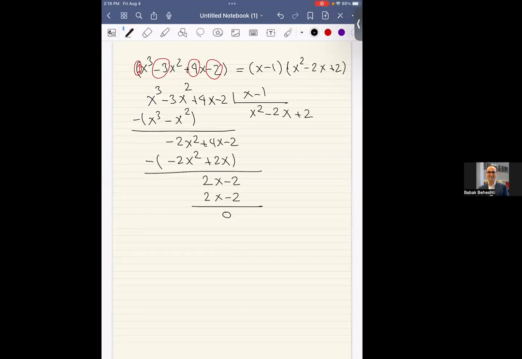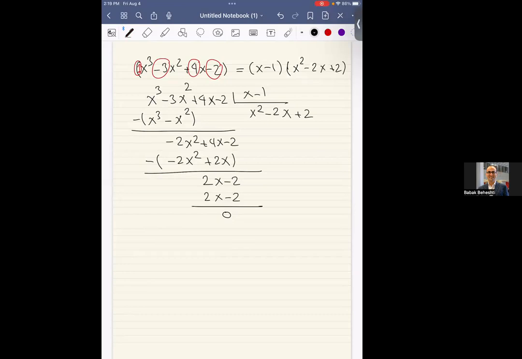Do you know why? X squared minus 2x plus 2. Can it be x minus 1 times x minus 1? No. There are two ways to see this. One is that b squared minus 4ac is negative here, so there are no real solutions.